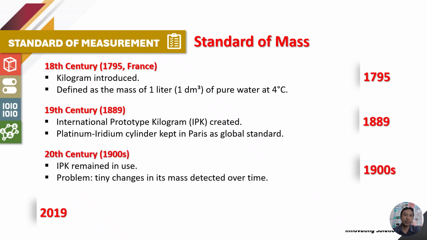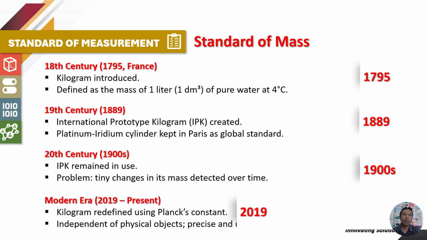During the 20th century, the same prototype was still used, but scientists discovered that its mass changed slightly over time. In the modern era, since 2019, the kilogram has been redefined using the Planck constant, making it no longer dependent on any physical objects. That gives us a definition that is precise, stable, and universal.